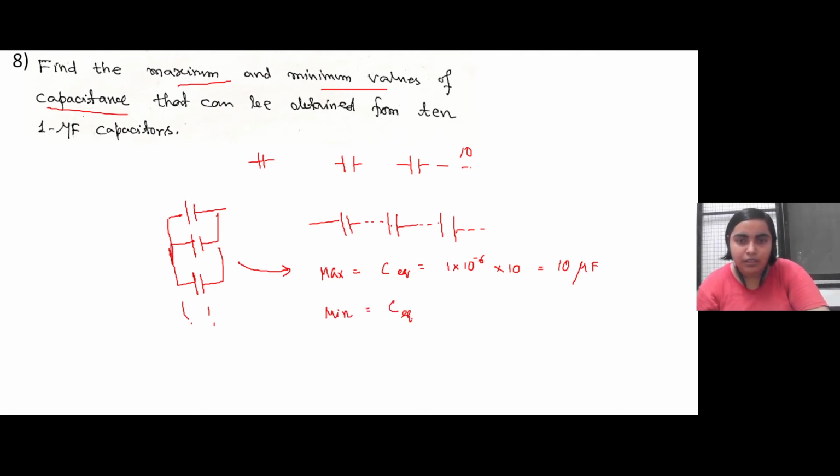Minimum will be, sorry, this will be 1 by, of course, so C equivalent will be equal to how much? If you take the reverse, 10 to the power minus 6 by 10, that is 0.1 microfarad.